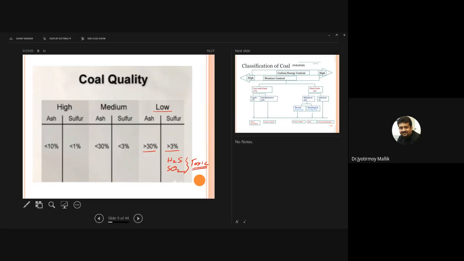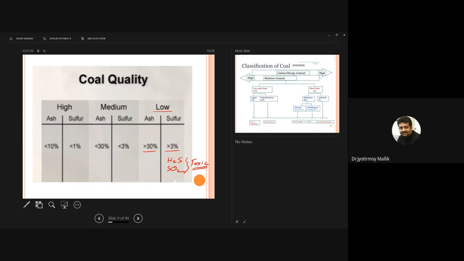So you want your coal to have very low sulfur content. So an increase in sulfur content increases the added risk with respect to safety, and hence the quality of the coal is thought to be decreasing while the sulfur content is more.